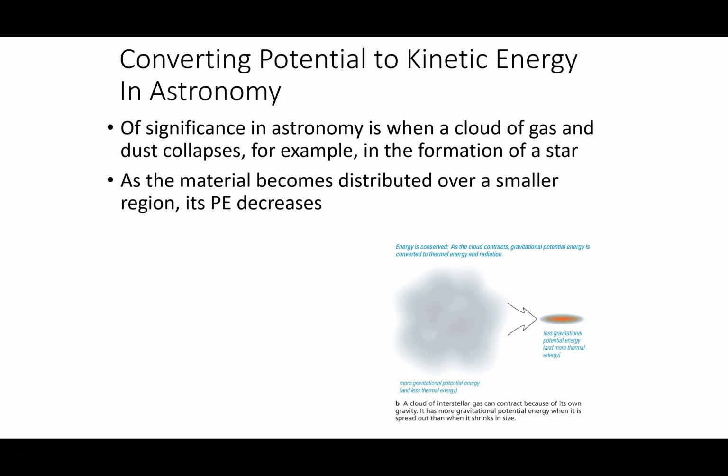Something that's spread out like that cloud has a lot of potential energy. As that thing shrinks down, it has less potential energy. If something loses potential energy, it must gain kinetic energy, just like we saw a minute ago. So this one has high potential energy, high PE, and this one has low potential energy. Just like we saw before, that means this has low kinetic energy and this has high kinetic energy.